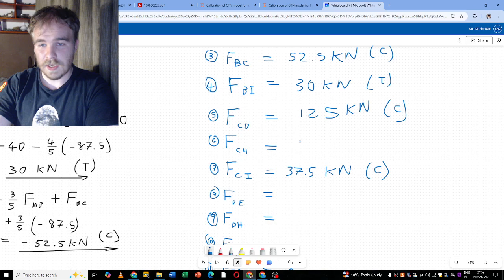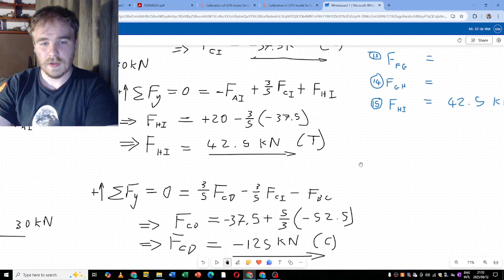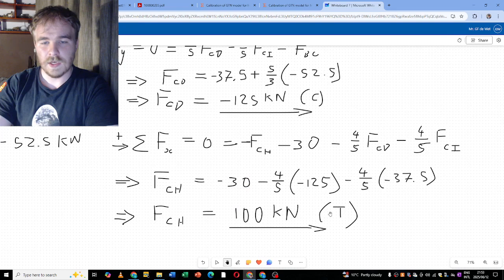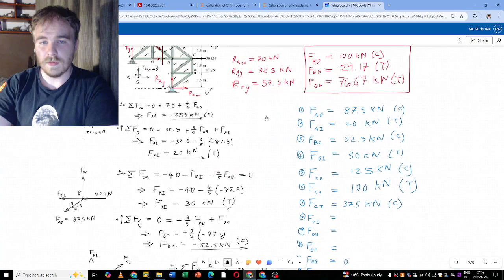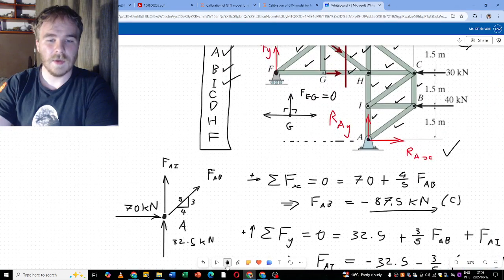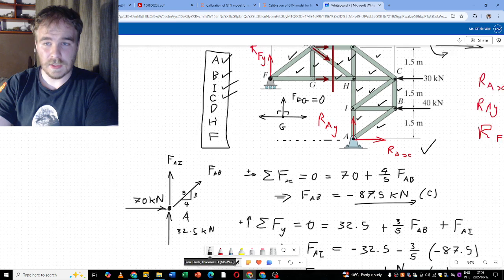And then FCH is 100 kilonewtons in tension. Let's just double check that. FCH 100 tension, 125 compression. Okay, we are making good progress at the moment. So point C is done as well.